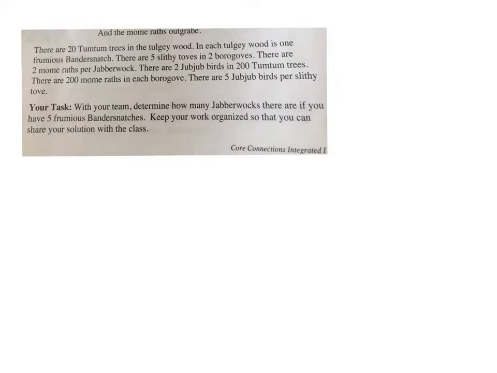I'm going to try and list all the different units here because it's a little bit crazy. So we have Tum Tum, and I'm going to just call these TM. I think that'll be the easiest, because it's easiest to use little abbreviations. There's also Tolgi Wood.